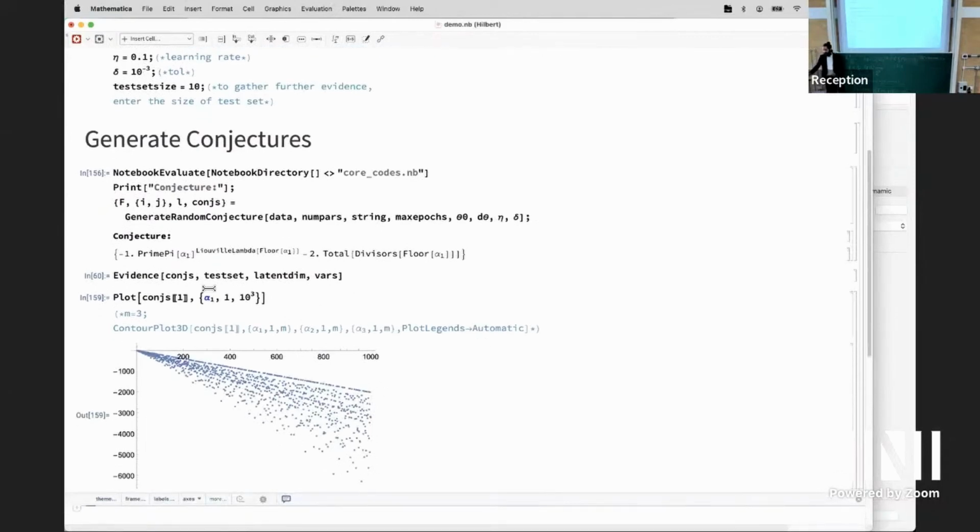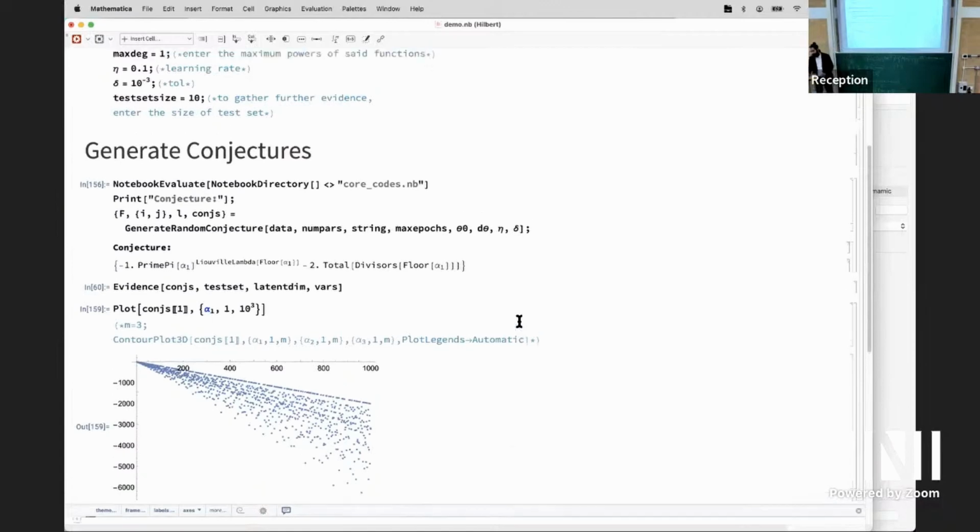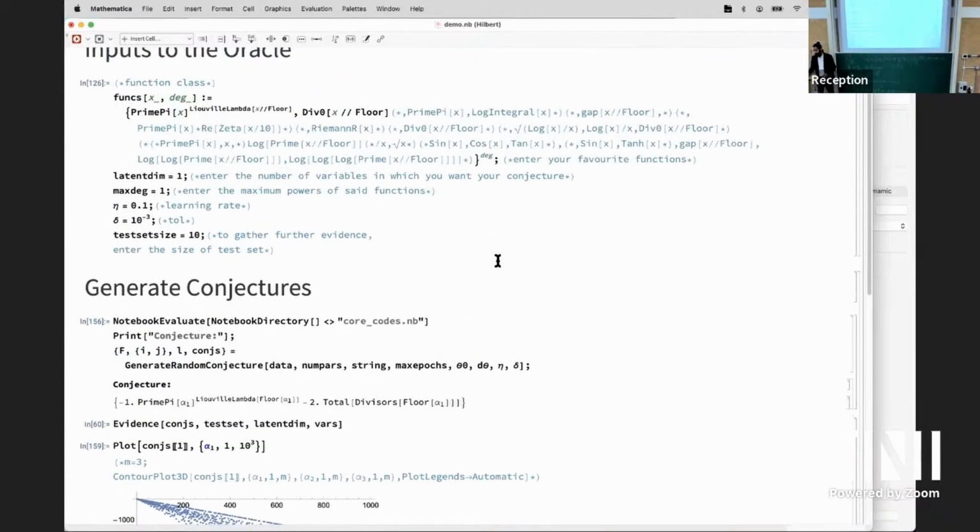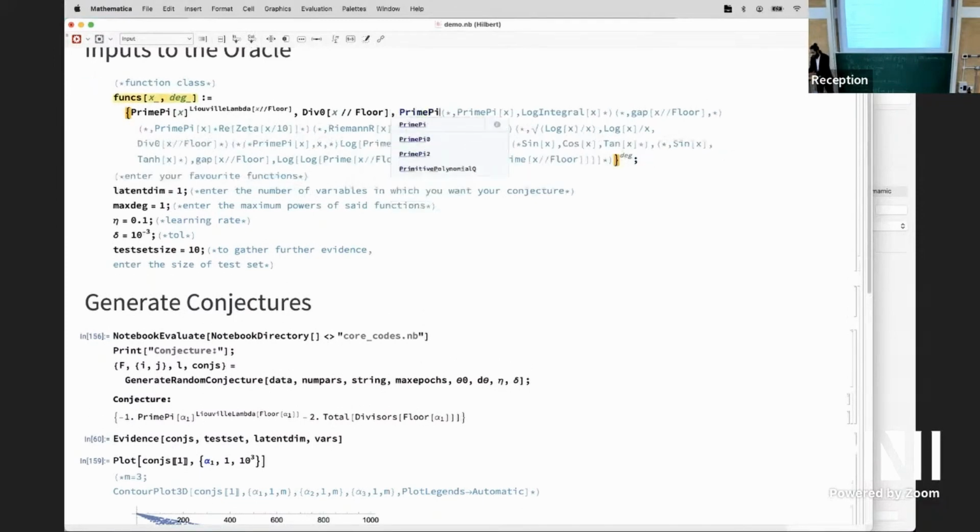This is a conjecture that should obviously be true. What I'm plotting here is effectively the difference of f and g as a function of your one variable. Does anyone have any interesting things they would like to try out?